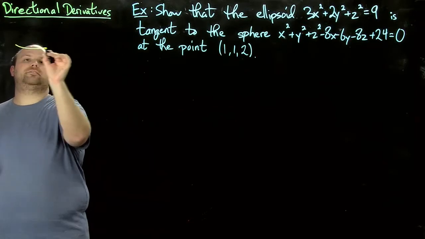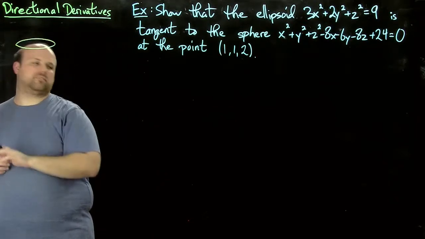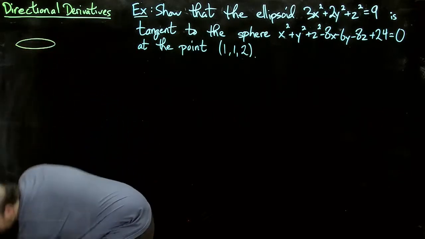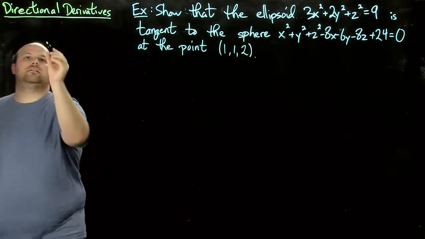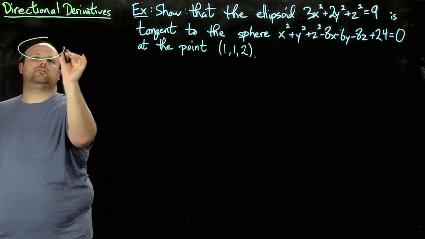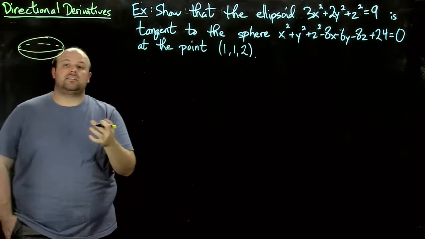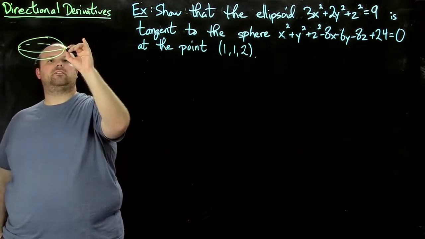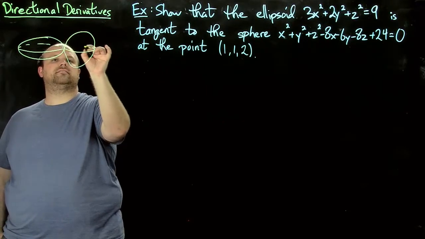We have an ellipsoid here, looks something like this. And then we have a sphere, and the way we're asking that they meet is so they look like this.